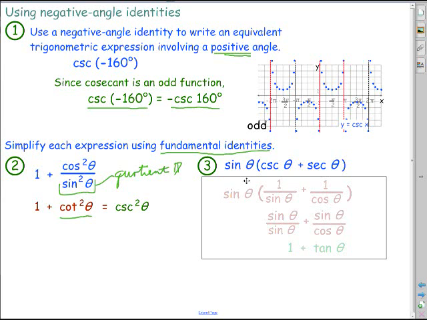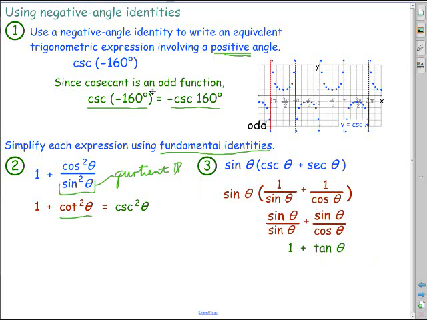For this one, this is one of those where you're going to benefit by translating it into all sine and cosine. We already had sine here. How often this happens. This is a good strategy. Cosecant, the reciprocal identity, 1 over sine theta.